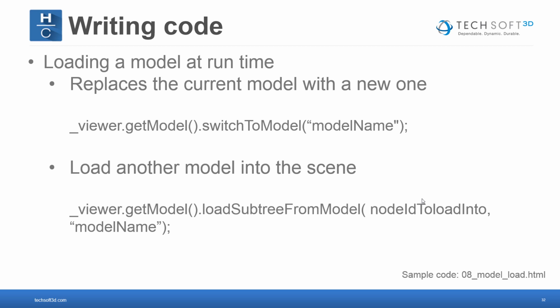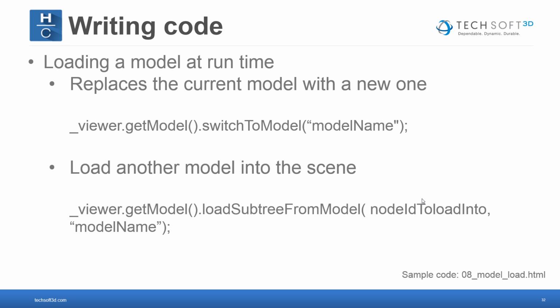There's a couple different ways that we can tell our model object to load in an additional SC model. We can either switch to a new model. In that case, it's essentially throwing away all data that is currently in the viewer and replacing it with this new model.